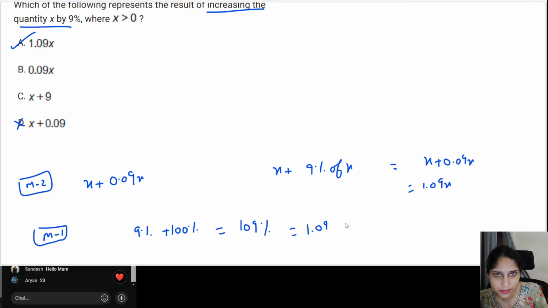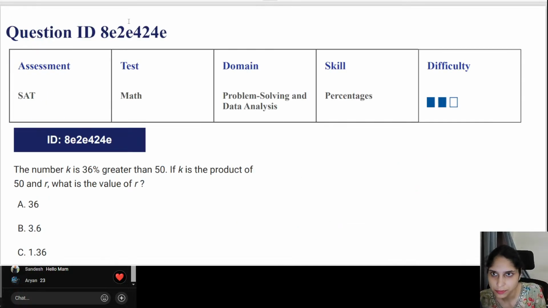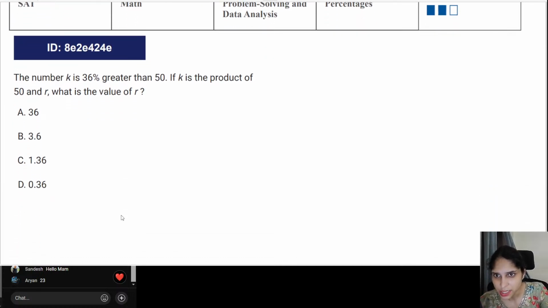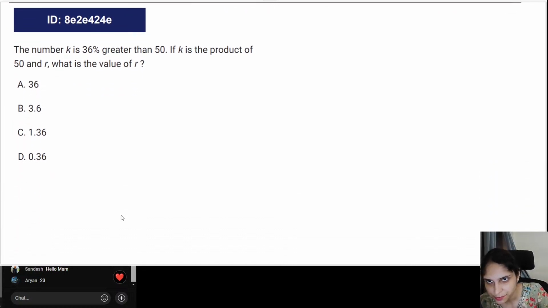Next is question number 17. The number k is 36% greater than 50. If k is a product of 50 and r, what is the value of r? So what we are multiplying with 50, because k is 36% greater than, is 1.36 times 50. And they're saying k is 50r.